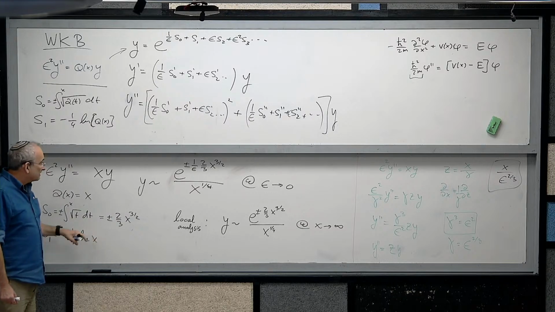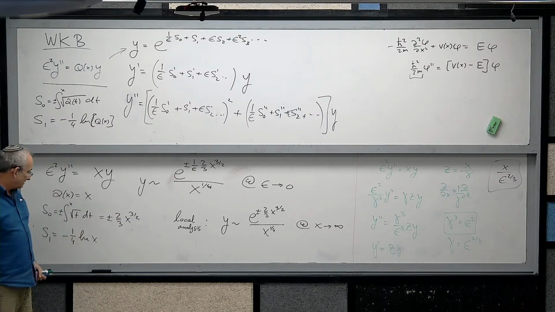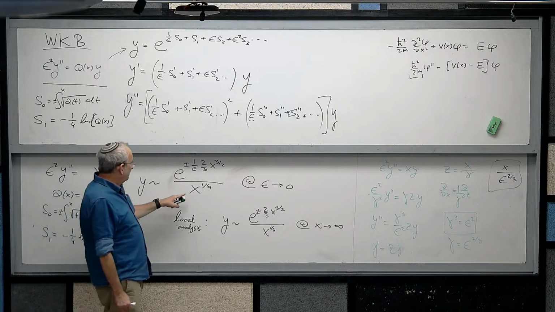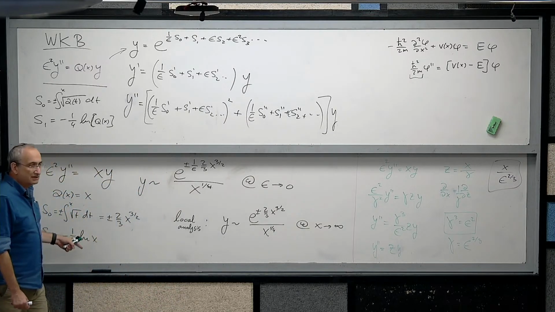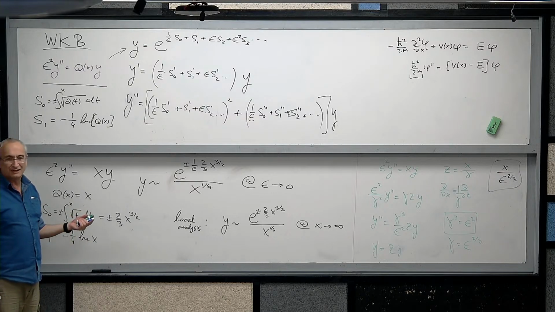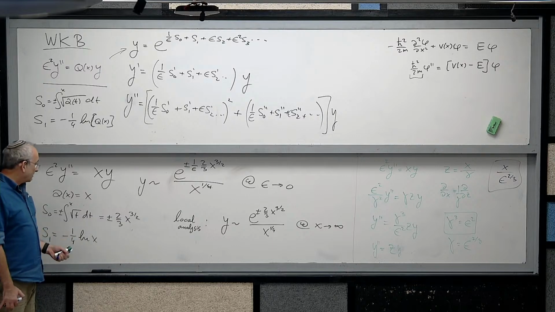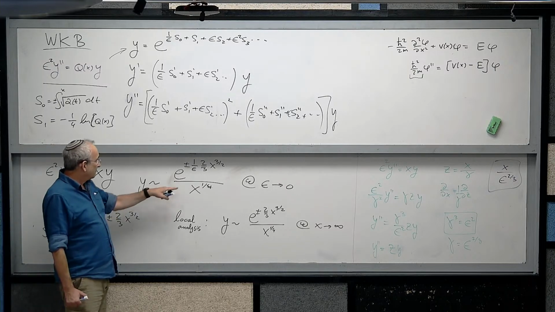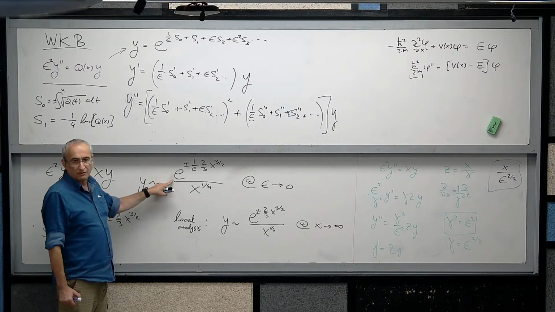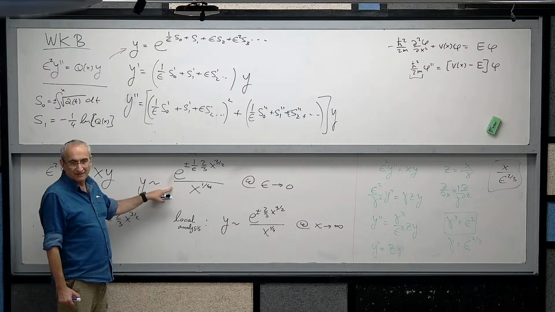The point is that if I take minus x, then I have the logarithm of minus 1 times x, which is the logarithm of minus 1 plus the logarithm of x, right? The logarithm of minus 1 will give me i. And since it's a linear equation, I can always absorb it in the coefficient, in the A here.